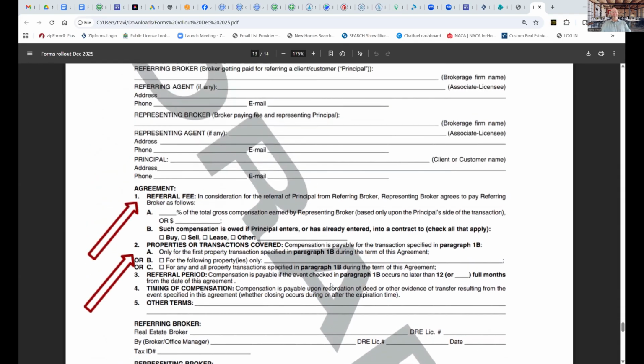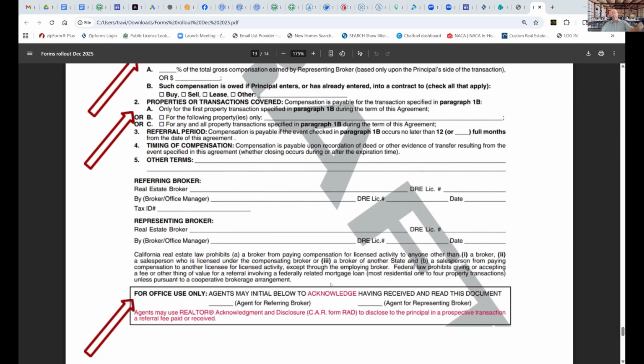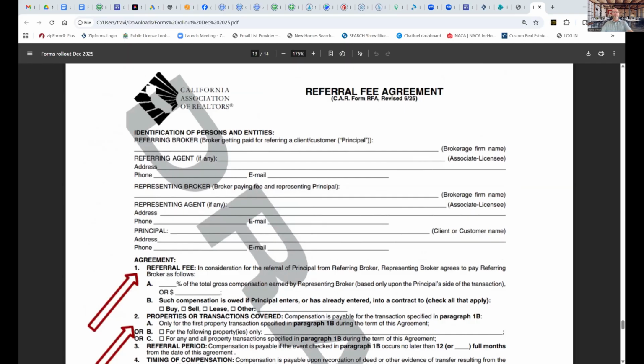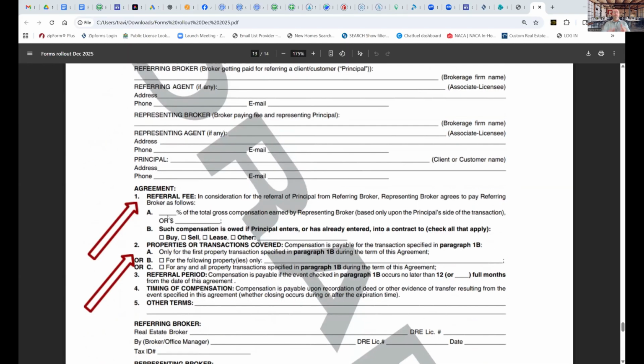So to disclose to the clients, because this is between brokers, the referral form. But we need to disclose this amount if I'm receiving a fee for a client that I sent out, and I'm receiving a fee from another broker for whatever amount.